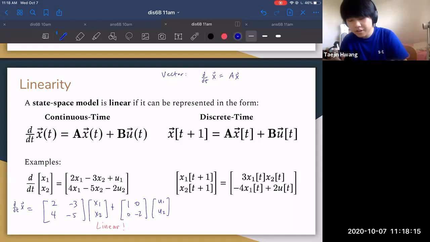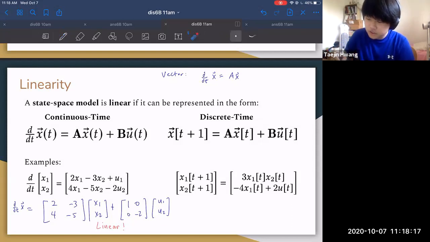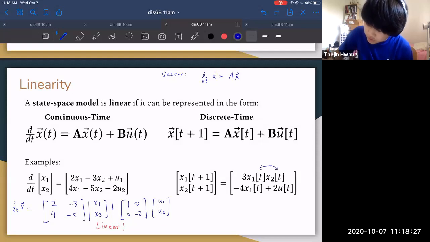On the other hand, if we look at this second system over here, which is a discrete time system, you'll notice that we're multiplying the two states together.